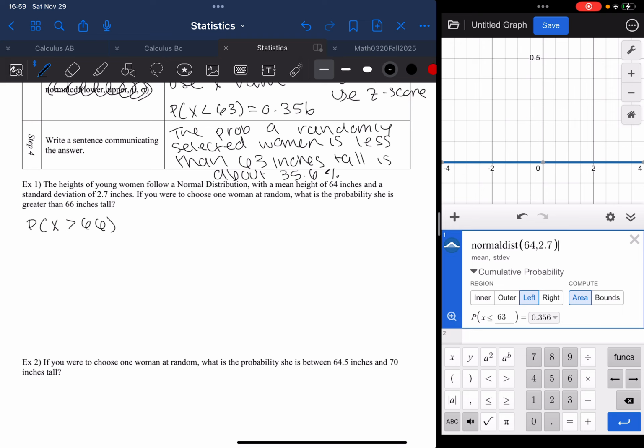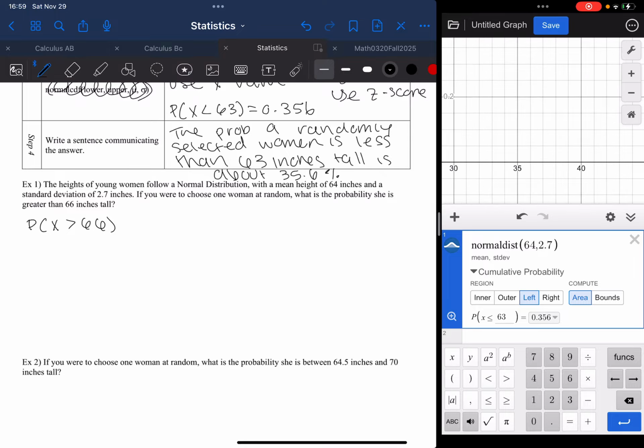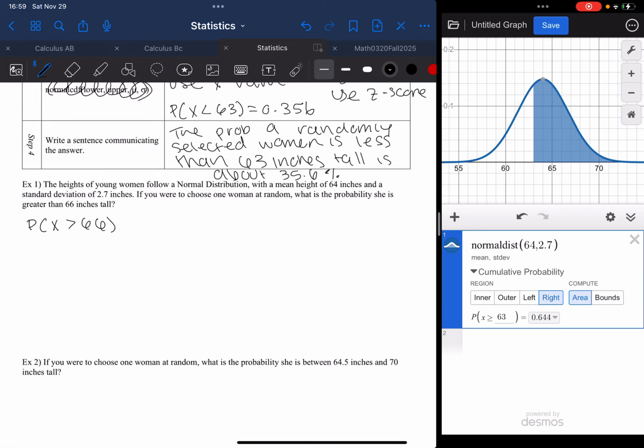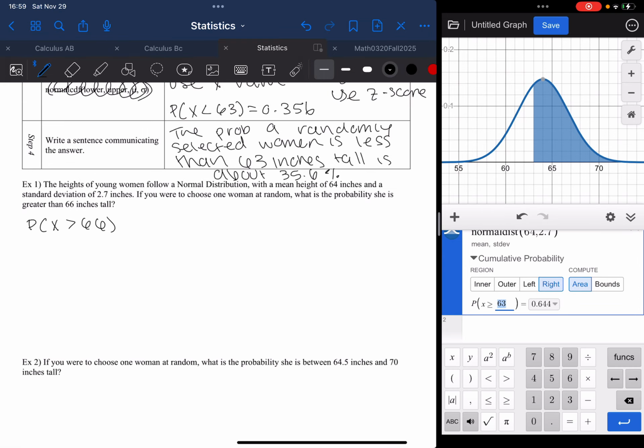Well, I can go over to my normal distribution here that I did for the last one, change it to the right region, and then change this number to 66.